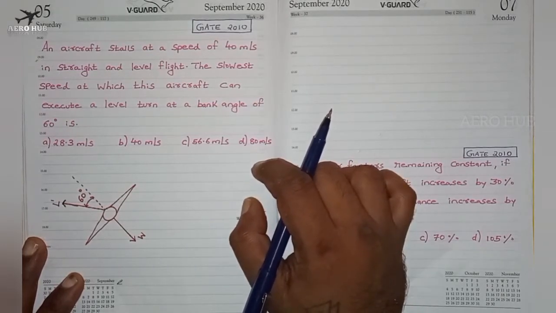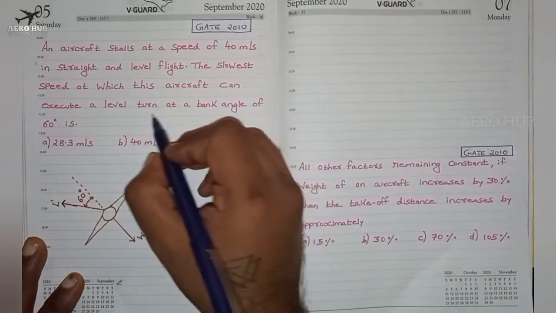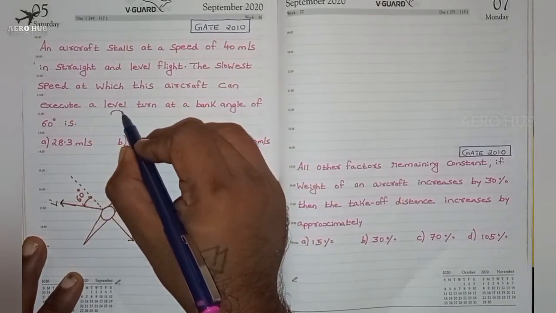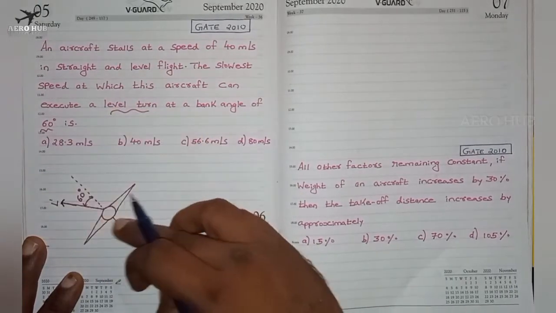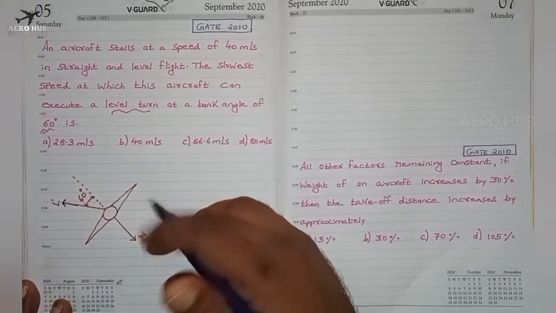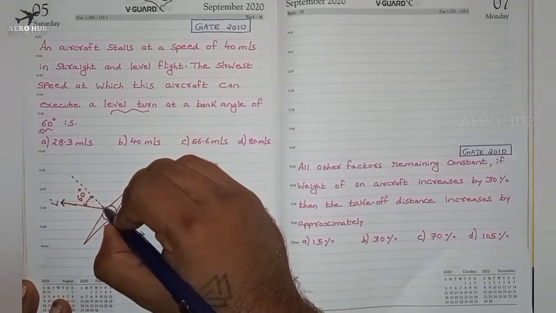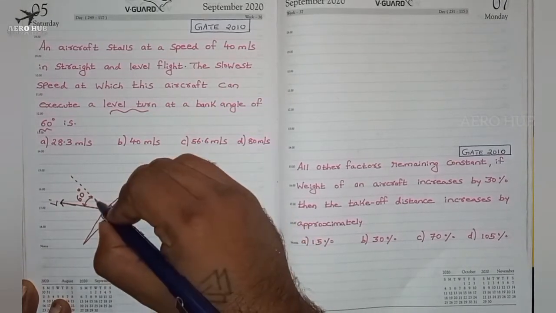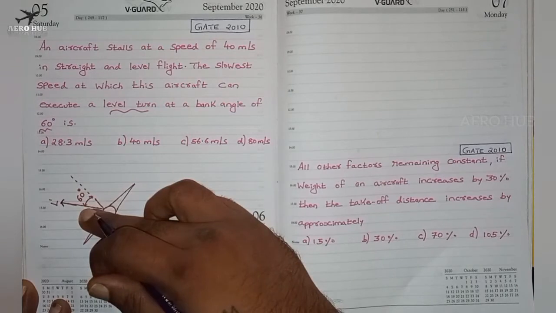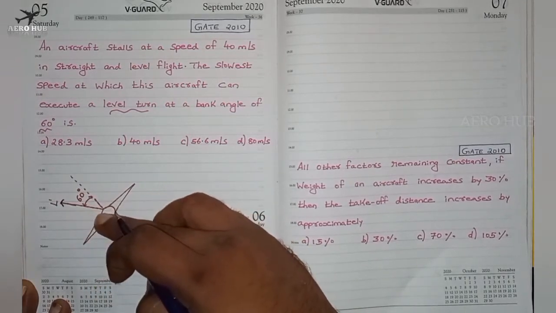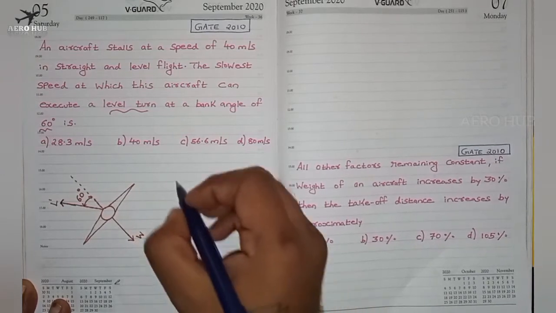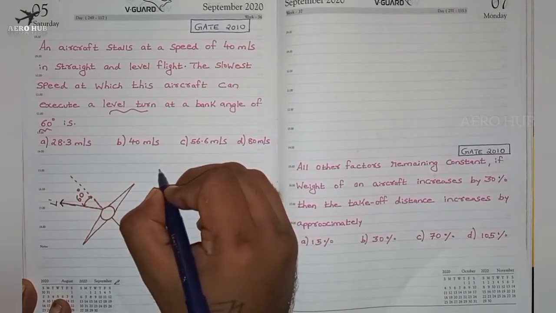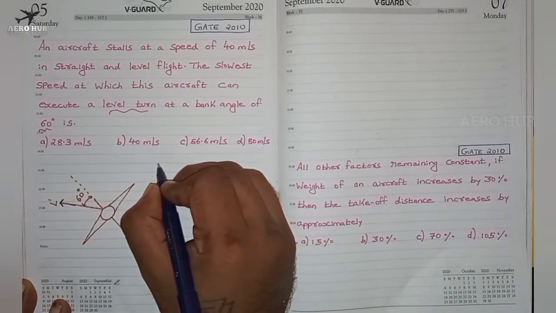Okay, so we have a level turn condition, and the bank angle is 60 degree. You can see the figure. In this figure, the aircraft is turning at an angle of 60 degree. You have to understand this is the lift force and this is the weight of the aircraft, and we can resolve this force component.